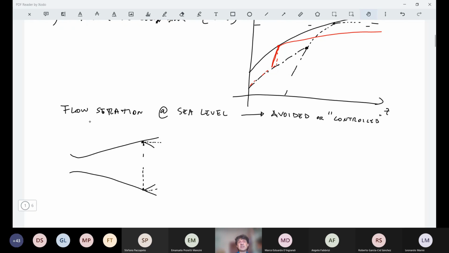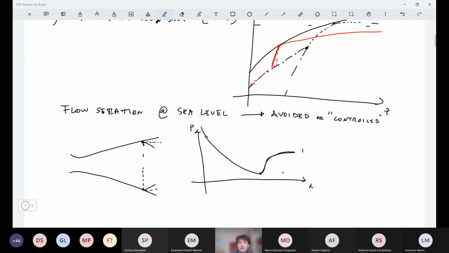So what happens is that when you see the pressure behavior, we have something like this along the abscissa, with the separation here, and we reach more or less the ambient pressure. Of course, this will go down from higher values.